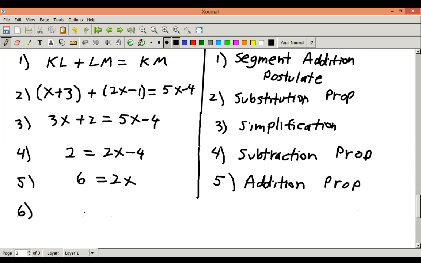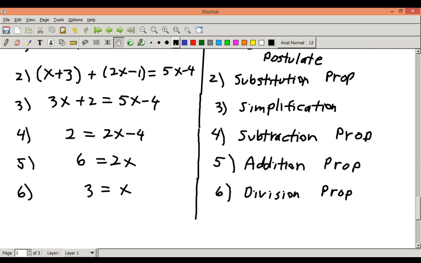Step number 6 says, so 3 is equal to x. I think you know the reason for that. You divided both sides by 2, so division property. And then we can go ahead and write x equals 3. So we just switch the sides of the equal sign. That's a symmetric property.